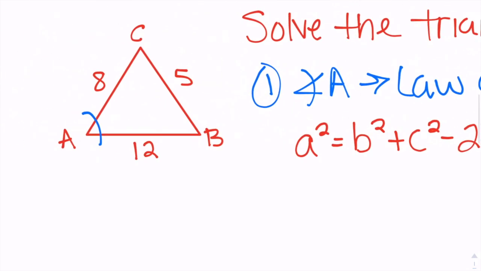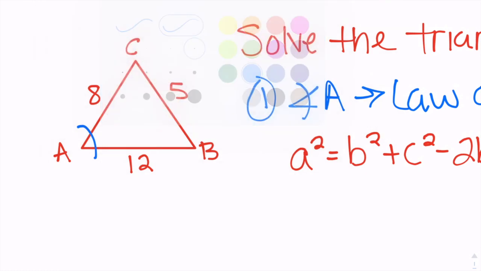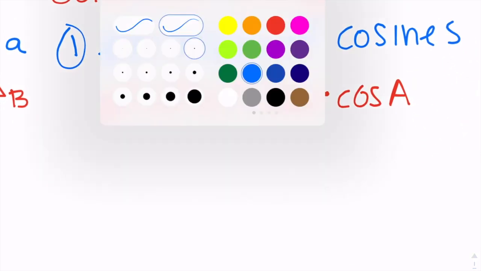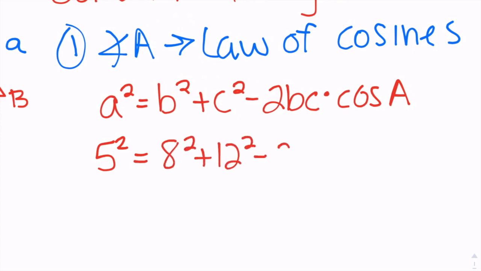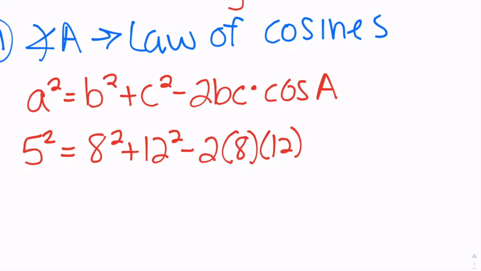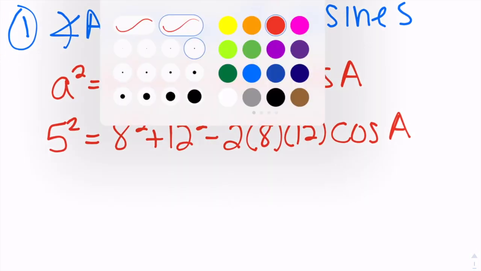Now I'm going to substitute all of this in. I'm going to label the triangle: this is A, this is B, and this is C. So it's going to become 5 squared equals 8 squared plus 12 squared minus 2 times 8 times 12 times the cosine of angle A.